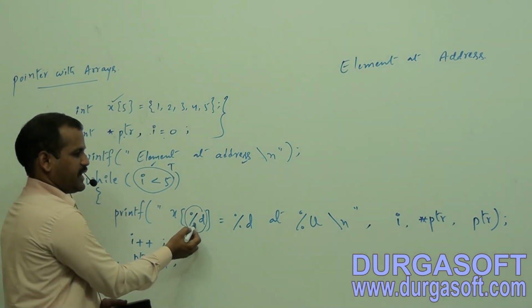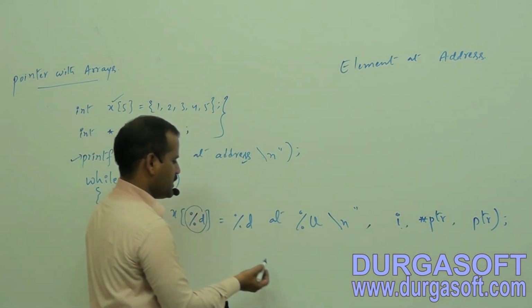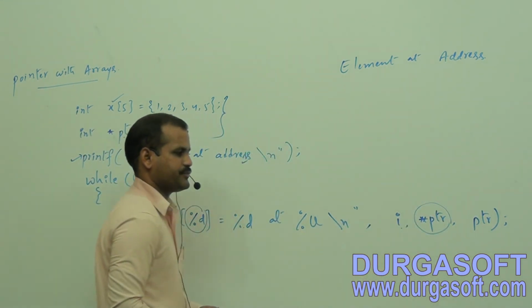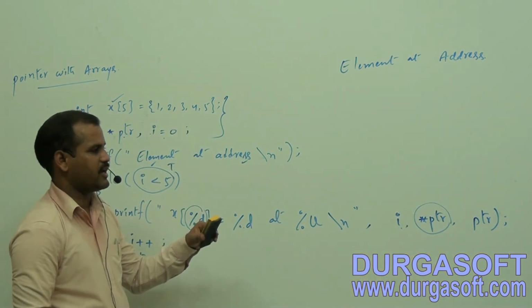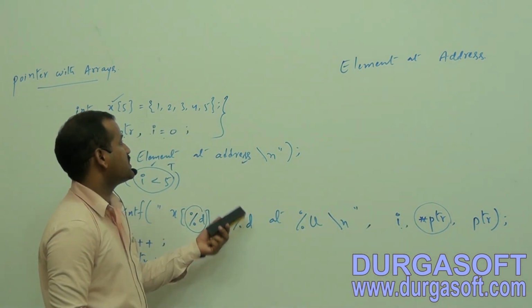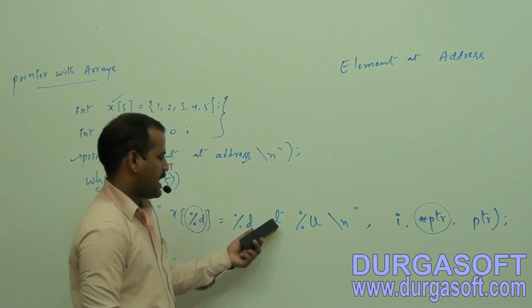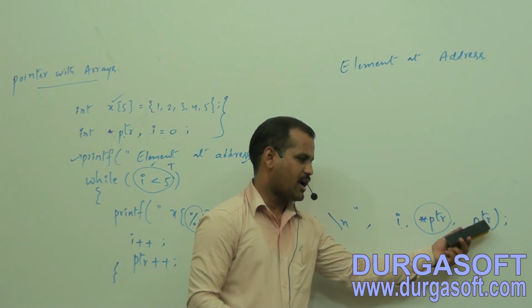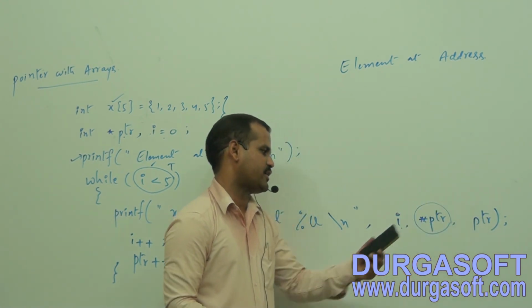This %d indicates the value of I, this %d indicates the value at the pointer. That means this pointer stores one particular address. The value at that address is this %d, which is the element value. And next %u means the address of that particular element, or the pointer value. This is ptr.